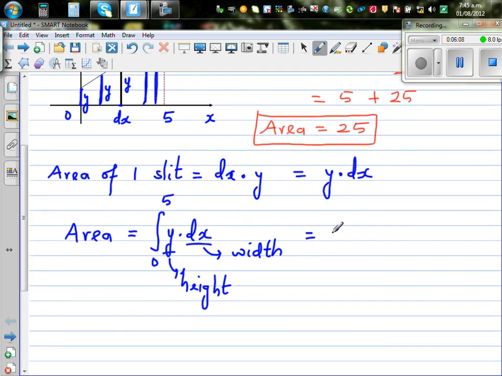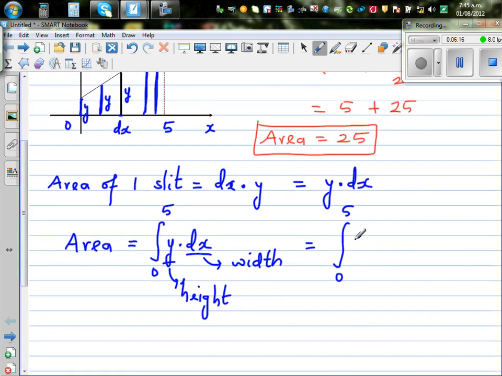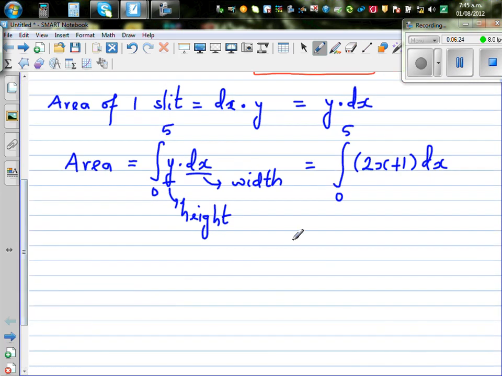So this is the definite integration from 0 to pi of y. What is y? You can write y in terms of x, which is 2x plus 1 dx. As you already know, you can integrate each of them individually.